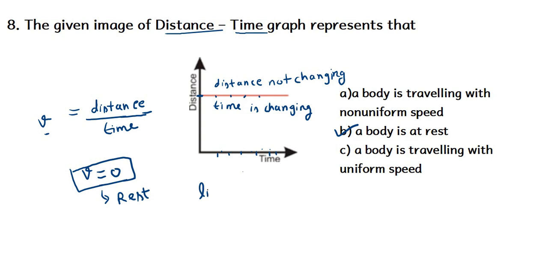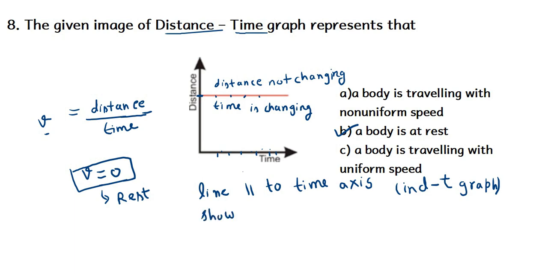When in a distance-time graph the line is parallel to the time axis. In the previous question, a velocity-time graph with a line parallel to the time axis was given, but in this question it is a distance-time graph. So in a distance-time graph, a line parallel to the time axis shows the object is at rest. I think it is clear, student.